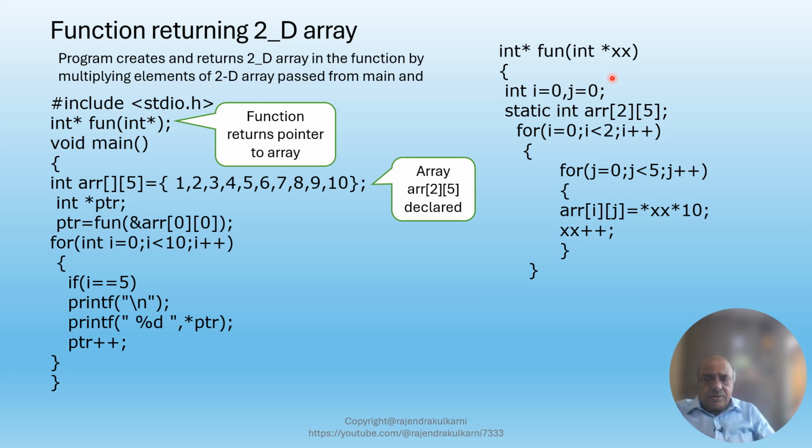So xx is the pointer which will be collecting the address passed from the call of this function, which will be the address of the 0th element of the 2D array, arr[0][0], which is pointing to value 1.